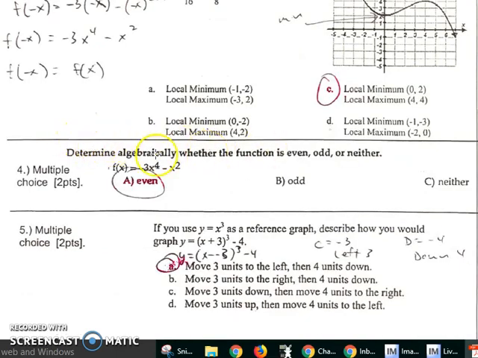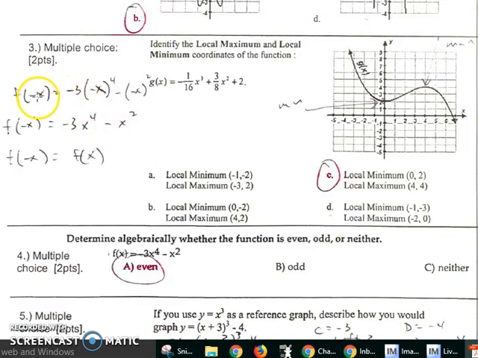Question 4, determine algebraically whether the function is even, odd, or neither. I think this was the most missed multiple choice question. I have the function f of x equals negative 3x to the 4th minus x squared. Algebraically just means you put in negative x for every x value. Negative x to the 4th power becomes positive x to the 4th, and positive x to the 4th times negative 3 is just negative 3x to the 4th.